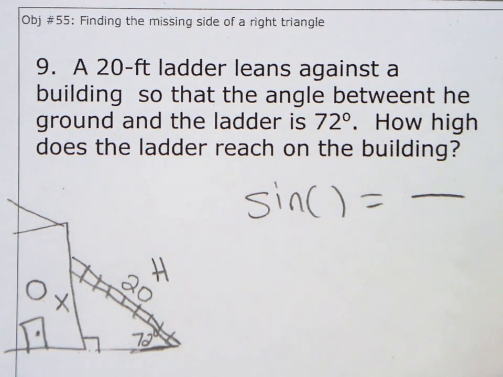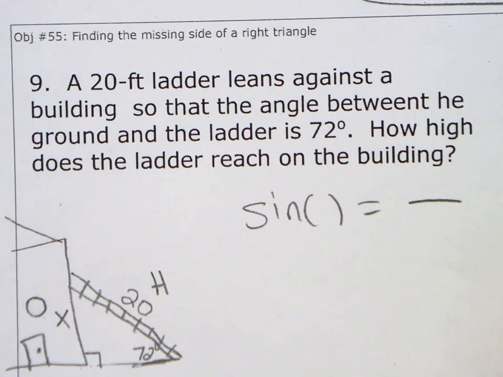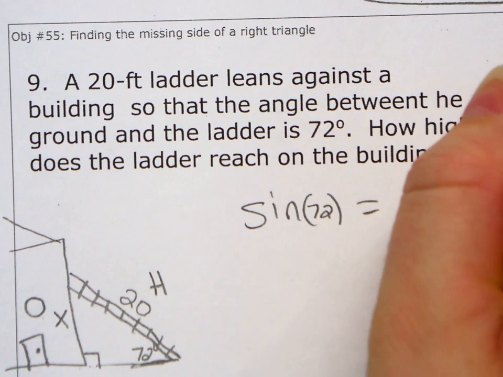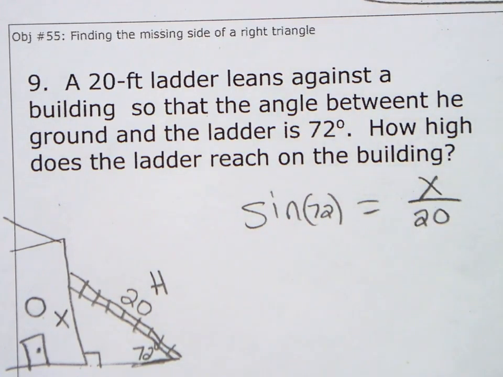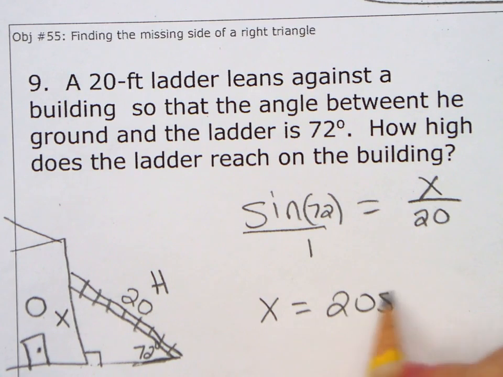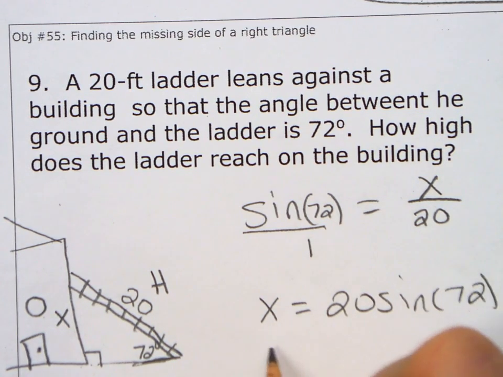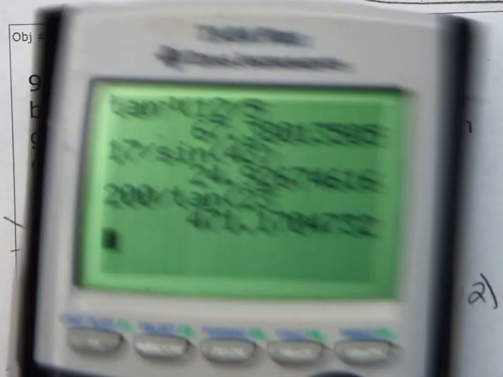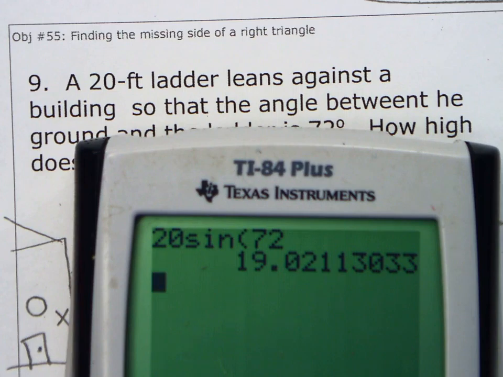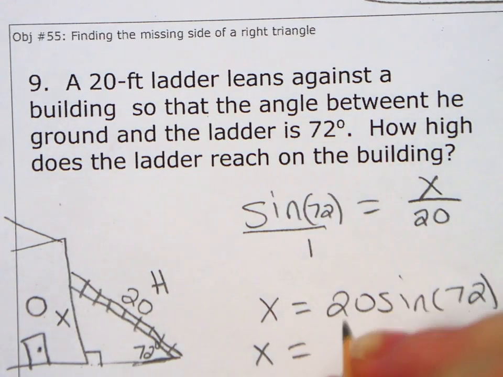I'd rather draw an ugly picture than get the problem wrong. Cross multiply. X equals 20 sine of 72. Sine of 72. 19. 19 feet.